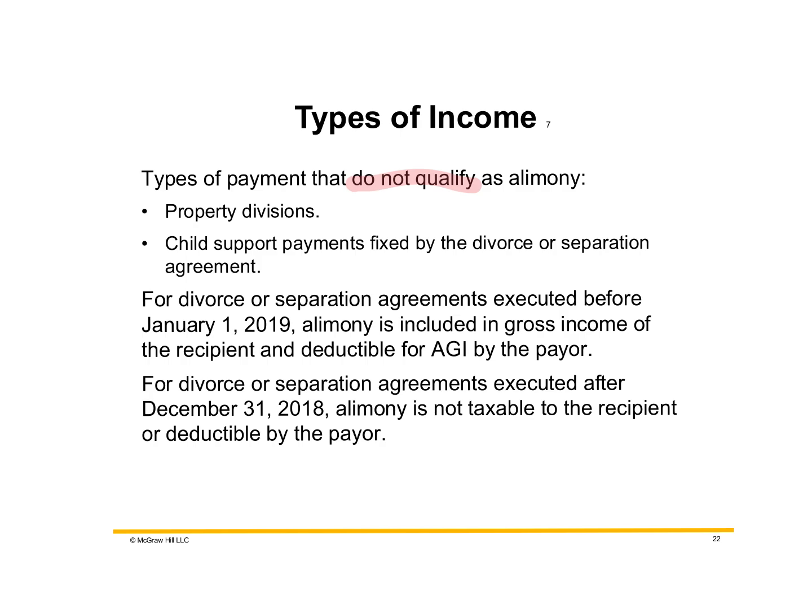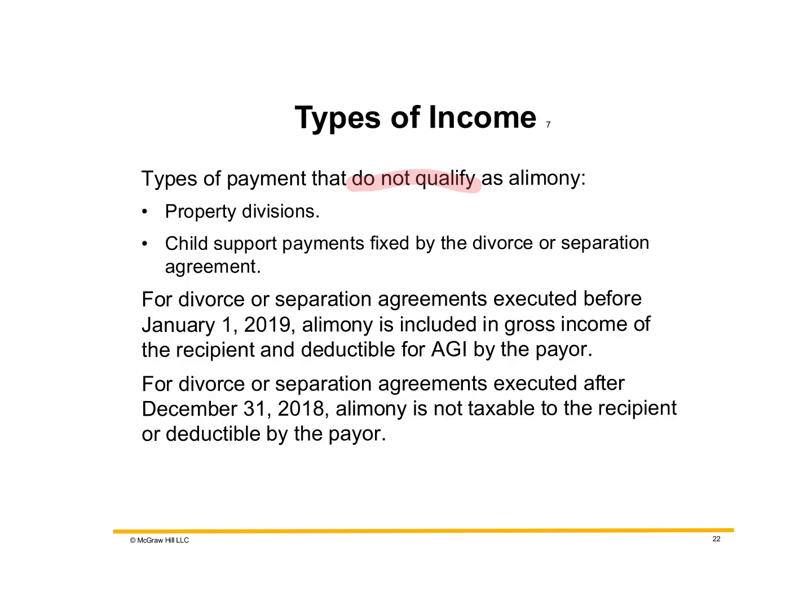The big key with this one is the date of the divorce or separation agreement. Because that date, and I highly recommend you get this date stuck in your head, will dictate how that alimony is treated by both parties.